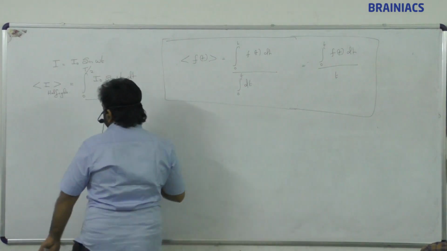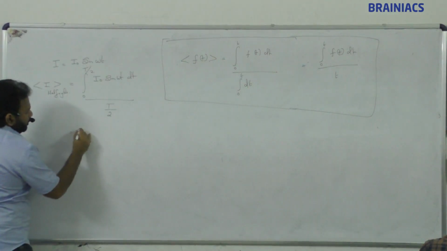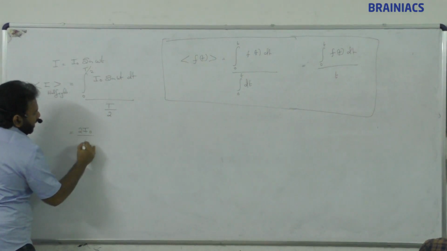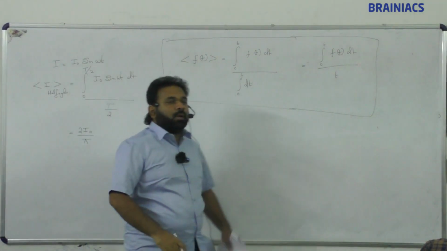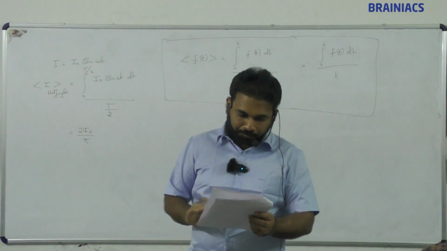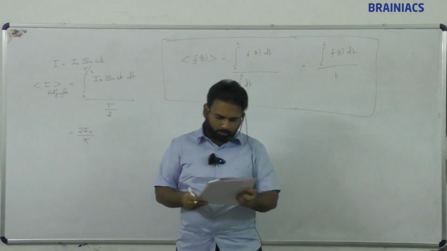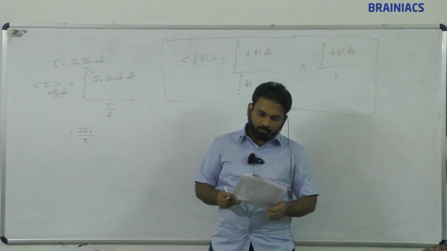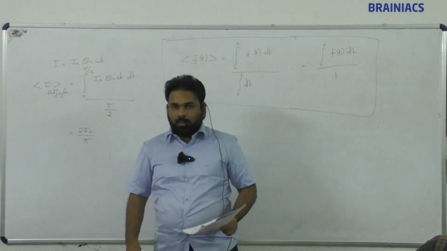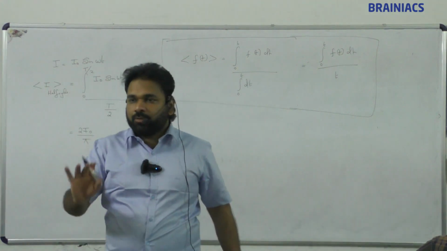So here you will be getting 2 I naught by pi, half cycle. Getting or what?